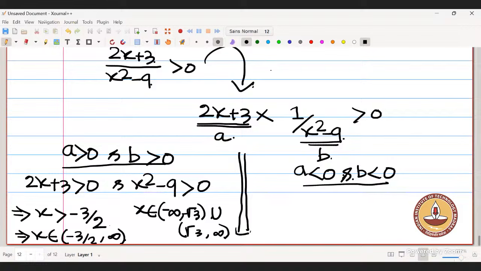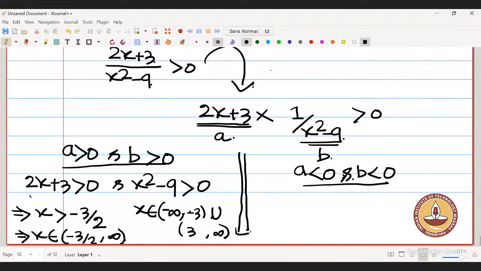For that, we have to take the common part. So what is the common part? Sorry, this should be 3, not -3. Yes, sir.